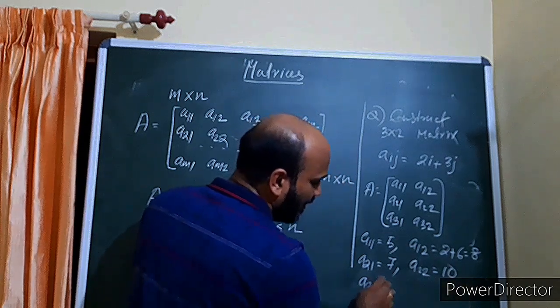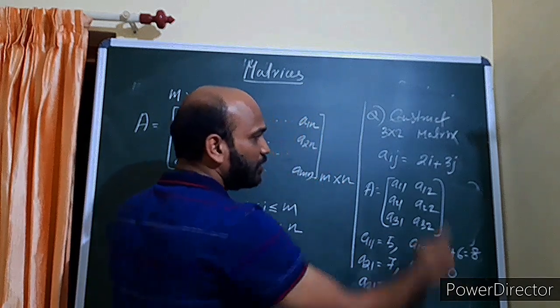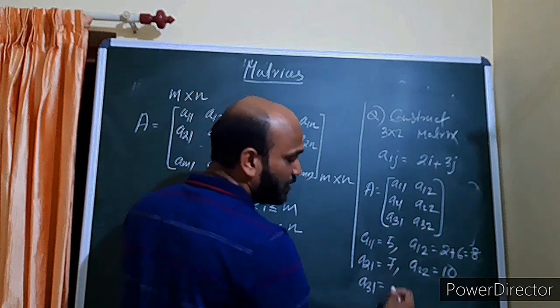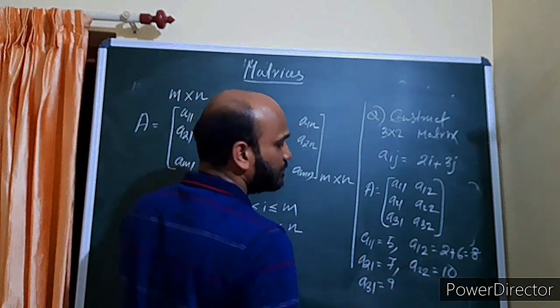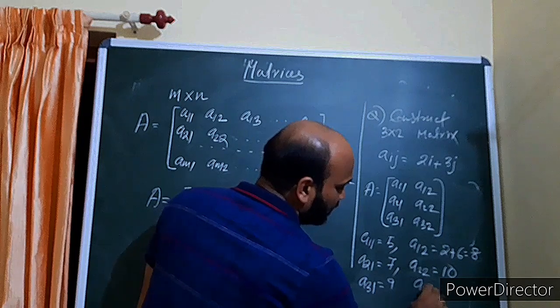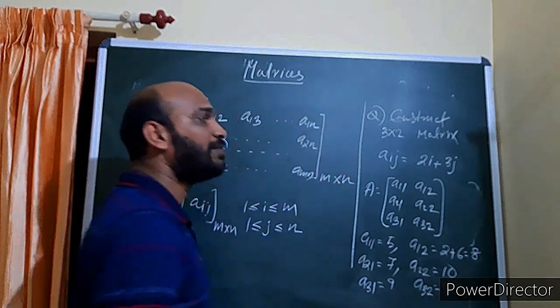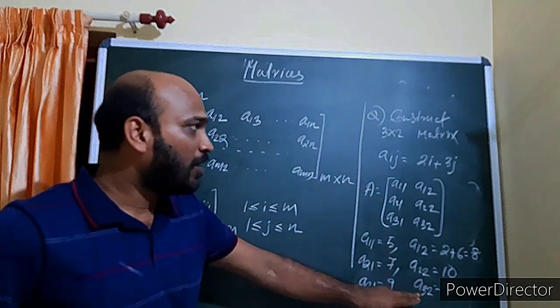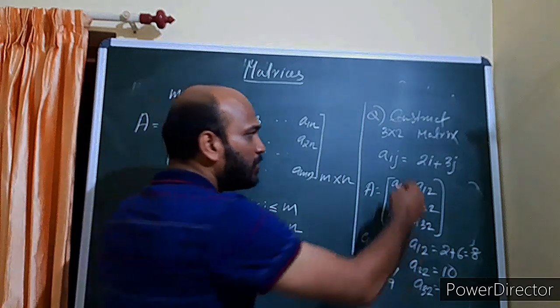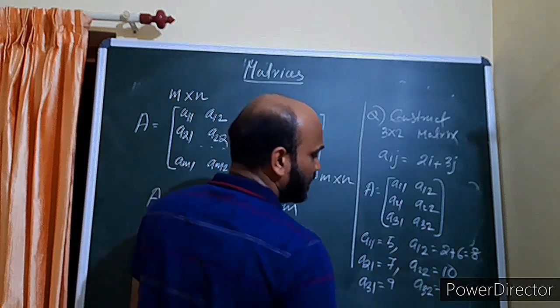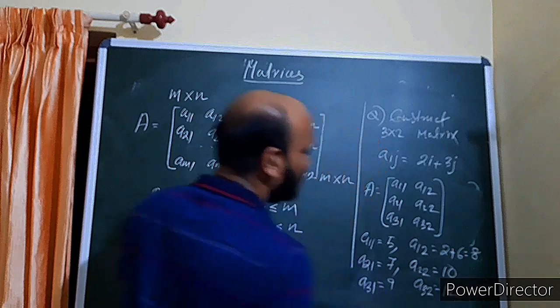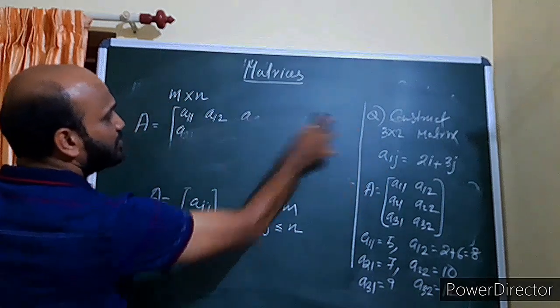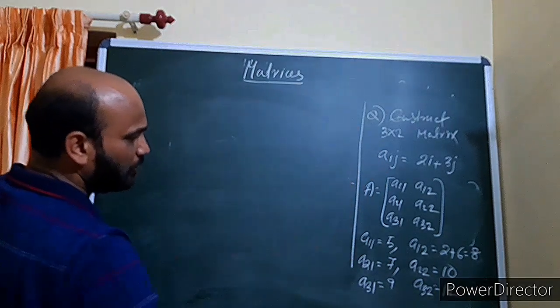Then A31, 2 into 3, 6. 6 plus 3, 9. Then A32. Take i equal to 3 and j equal to 2. It will be 2 into 3, 6. 6 plus 6 will be 12. So we have to write the answer in this form.